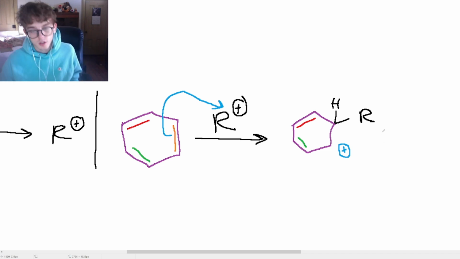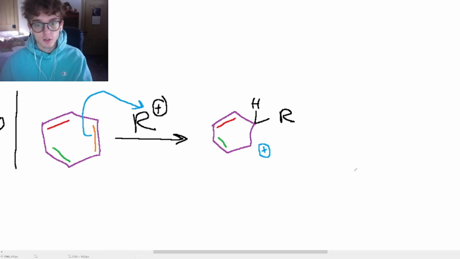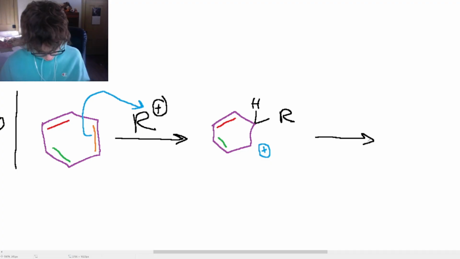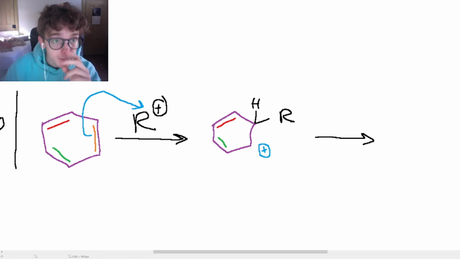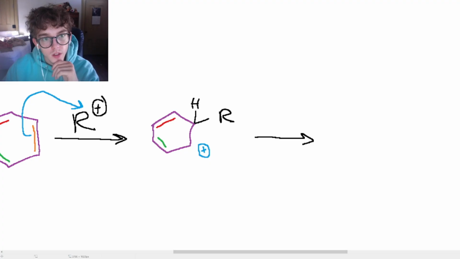All right, so we see a positive charge. Hopefully you see the pattern here with past reactions. We need to come in with something to restore aromaticity. In this case, we're going to go with our catalyst that we made back here, the aluminum tetrachloride. So let's draw that in, shall we?